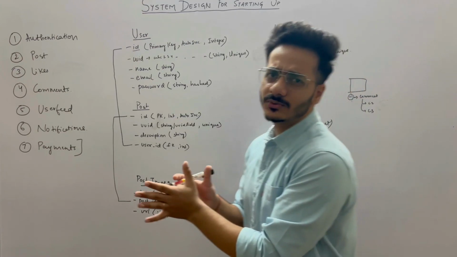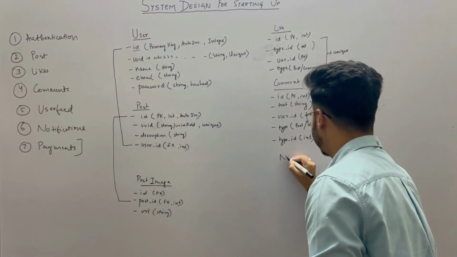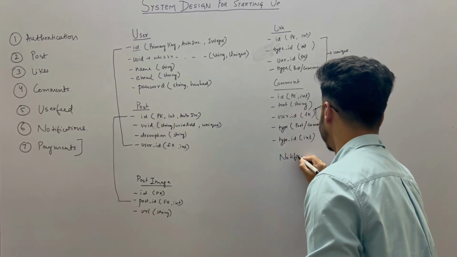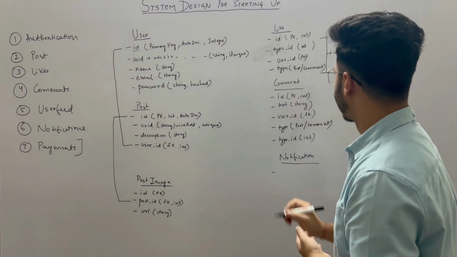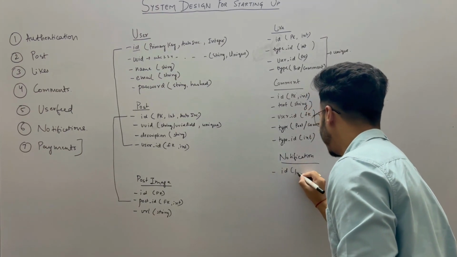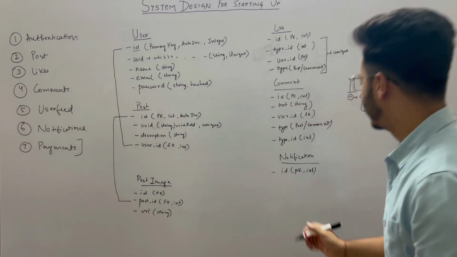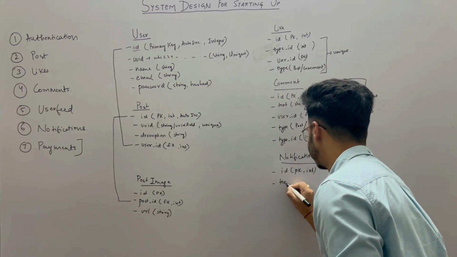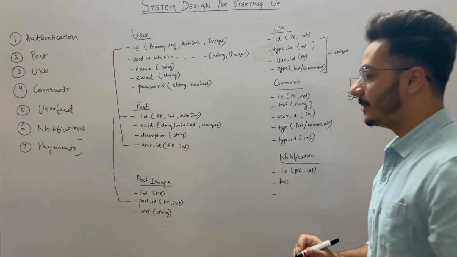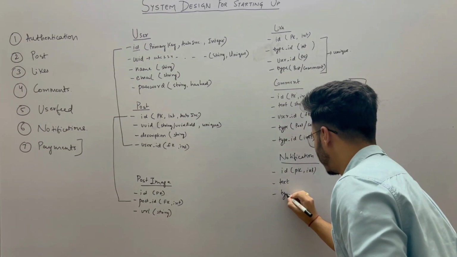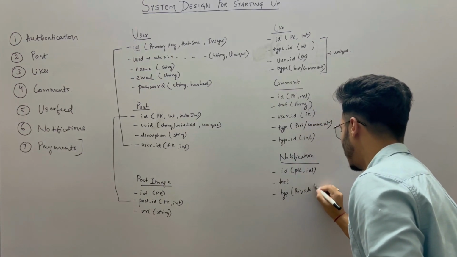But right now, just to have a basic idea, what we can do is we can add one table, and this will be having ID, primary key, integer, and then we will be having text. All right, and then we will be having basically type. It can be private, or public.